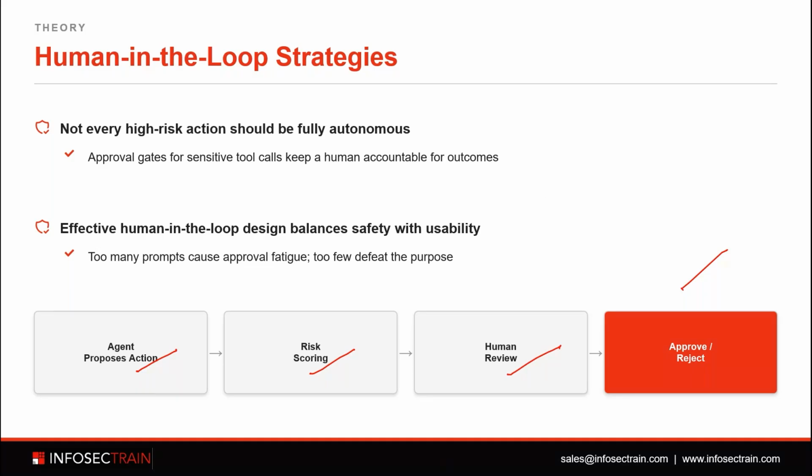Okay. What's the difference, in your opinion, between human in the loop and human on the loop? Human in the loop means humans are directly embedded inside the decision making cycle. They actively review, approve, or reject AI outputs before they are executed, like a pilot flying a plane manually, every action passes through them, right? Human on the loop, humans supervise AI systems from above, but they are not embedded in every decision.